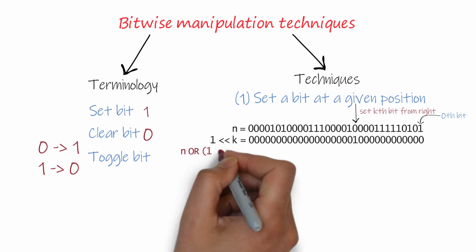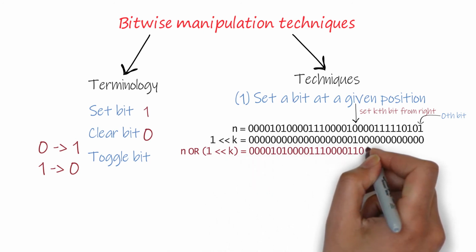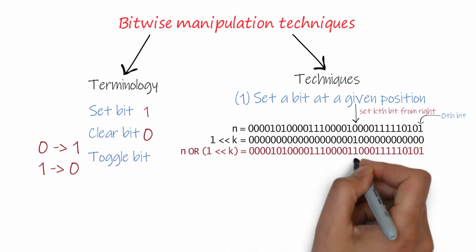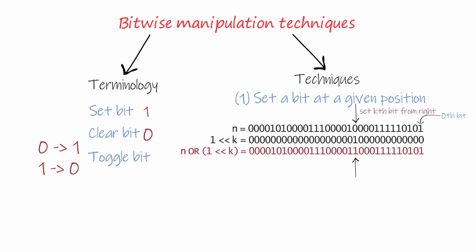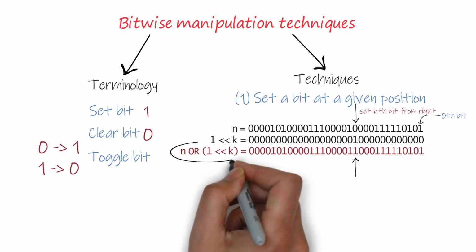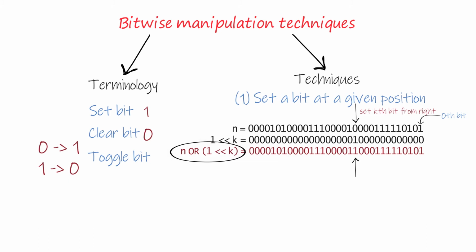Now applying bitwise OR on both the numbers would give us a new number in which the kth bit would be 1 and rest all the bits would be the same as in the original number. So the expression n OR 1 left shifted k times is used to set the kth bit in the binary representation of the number. Pause the video here for a second and think why this expression works.